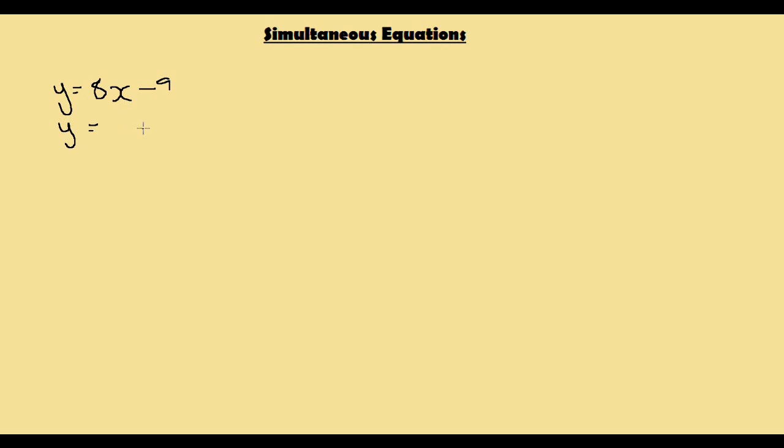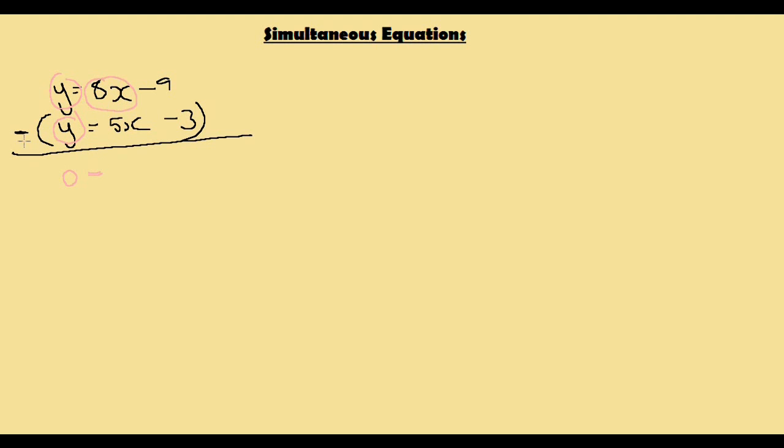So y equals 8x take away 9 and y equals 5x take away 3. Okay, so we're going to do this in the same way. Remember, we started off by taking away, the column subtraction of both equations. So this y take away this y makes 0.